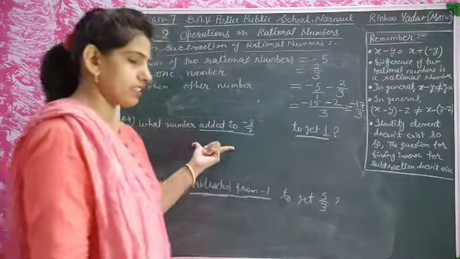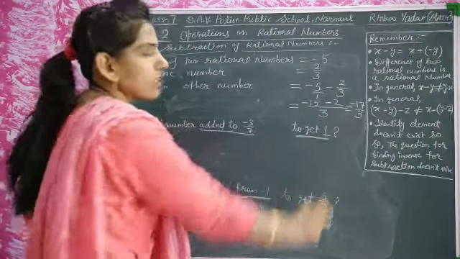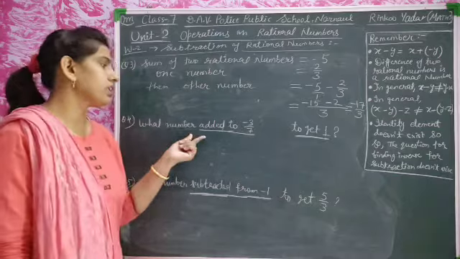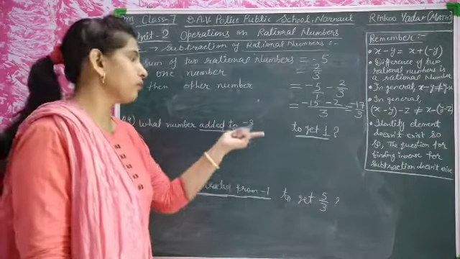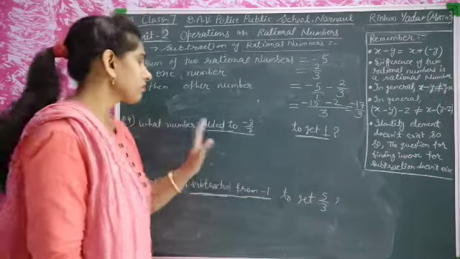Same doing like this. In this question, what number added to minus 3 by 7 gives 1? What number should be added to minus 3 by 7 so as to get 1?